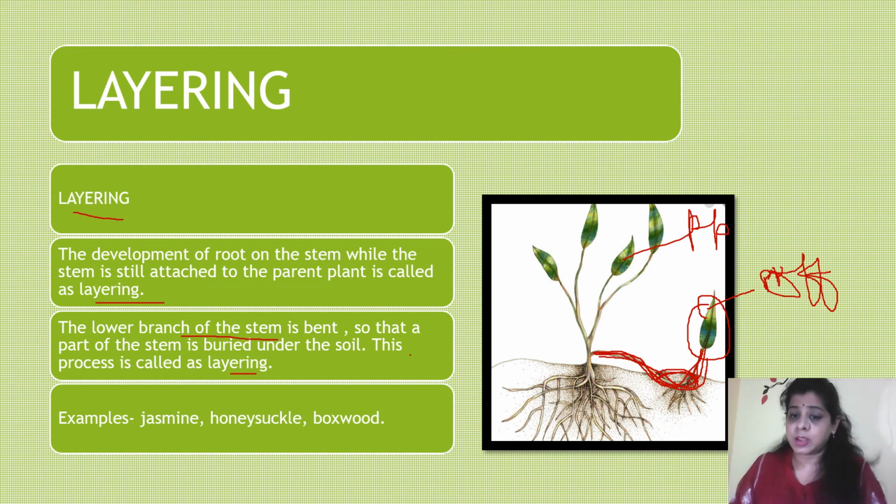Afterwards, when it grows, the roots come out and it develops into a new plant, then this stem is cut and we get two plants, the parent plant and the offspring. Examples of plants which can be grown with the help of layering are jasmine, honeysuckle and boxwood.